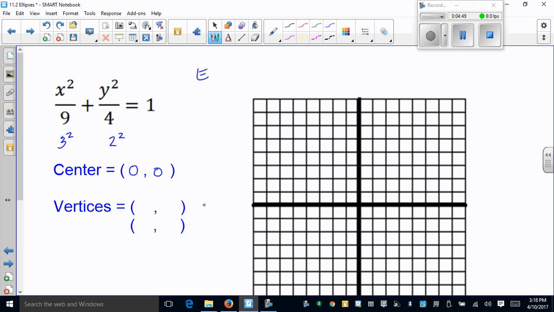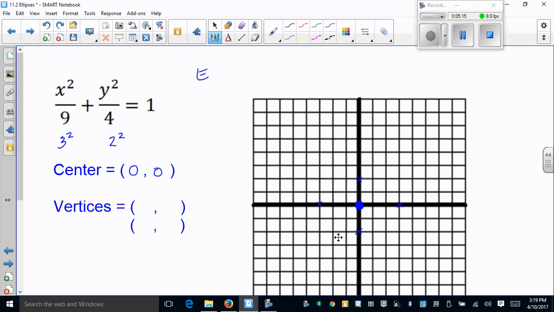And for an Ernie, I'm going to go left and right 3. 1, 2, 3. 1, 2, 3. And up and down 2. 1, 2. 1, 2. Now in your book, they would call these A and B values. We'll talk about those if you need more explanation. Now remember, I'm looking for major vertices.